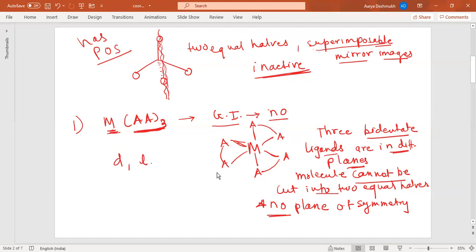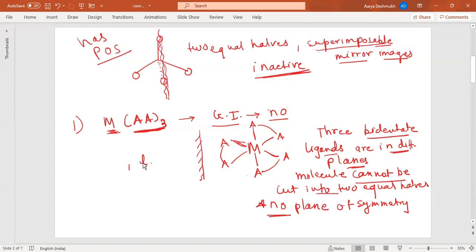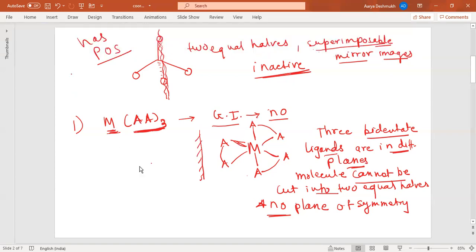Okay. So you can just have these two optical isomers for this. This is the one, and if you take the mirror image of this one, and just remove this from here, you will clearly be able to see and draw the optical isomer for this, like this.